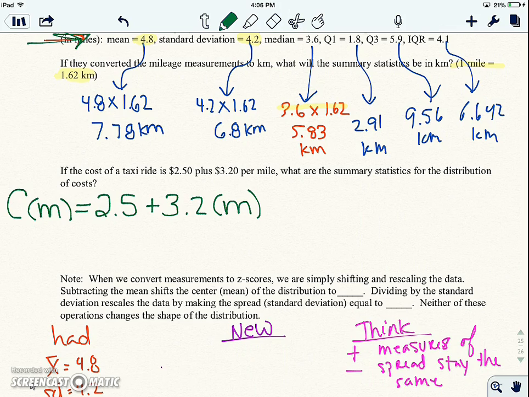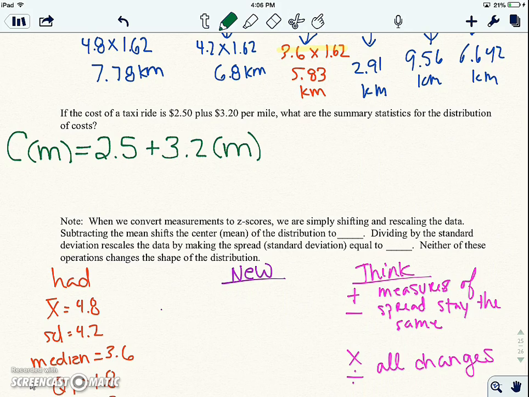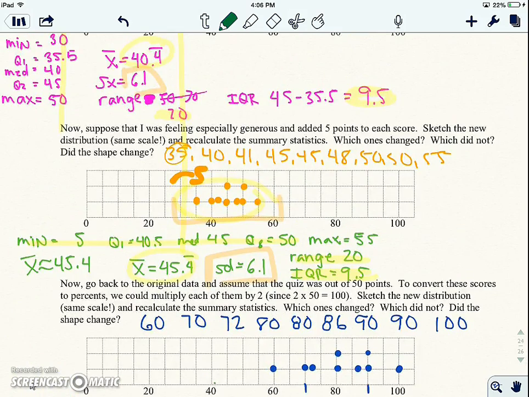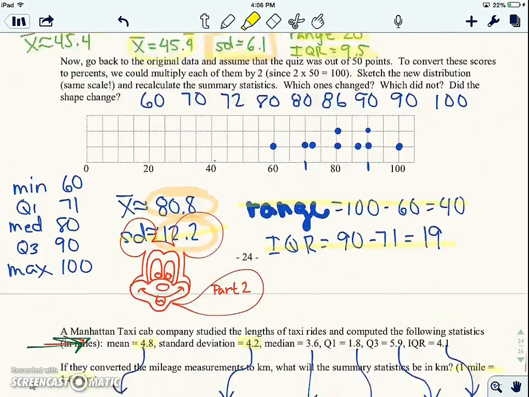Well, we have to think about it. What we need to do is think about what happens when we add or subtract to data. Up here when we added a 5, a lot of stuff changed, but the measures of spread, the standard deviation, range, and IQR, did not.